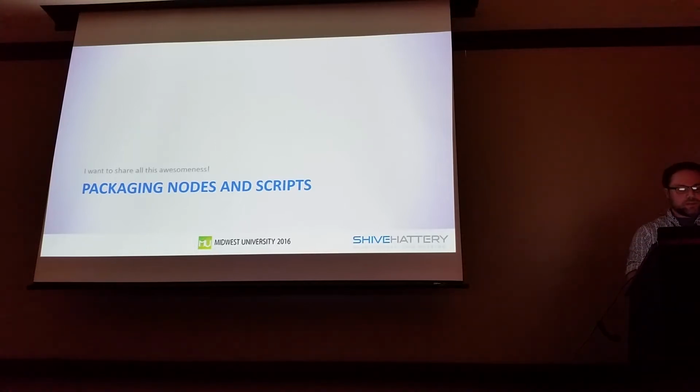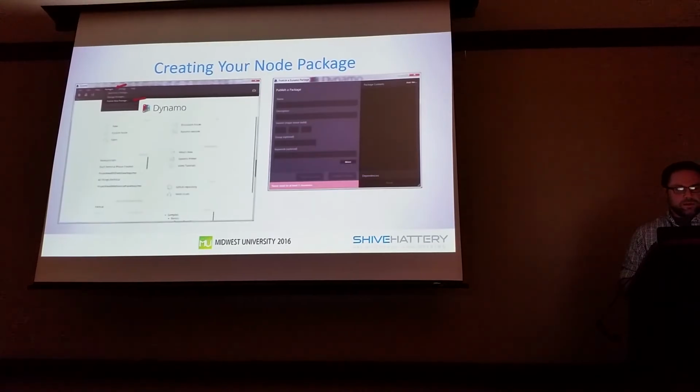All right, so how do we package those nodes and scripts? Pretty straightforward. Creating your own node package. From the start menu, you go up to packages, publish new package, which is what you're seeing right here. It takes you to a dialog box that looks like this. You add file, and you just go and add all those nodes in. You publish.